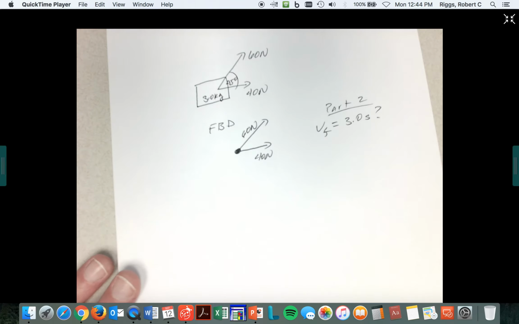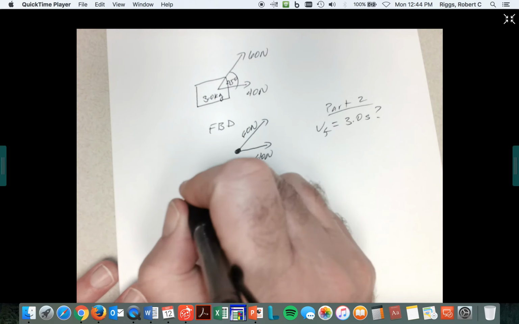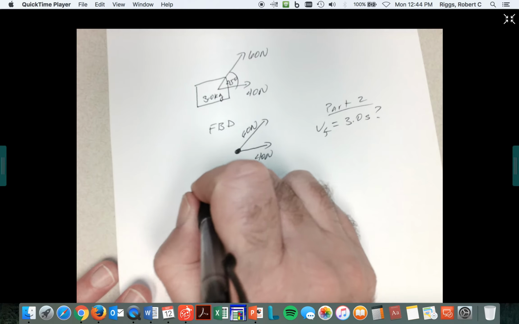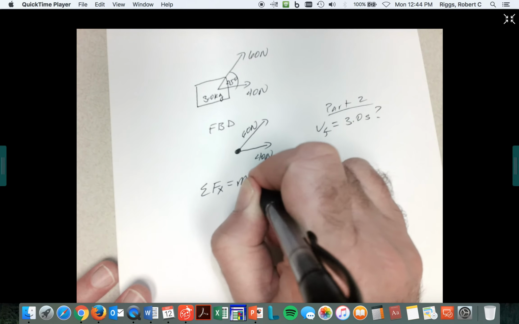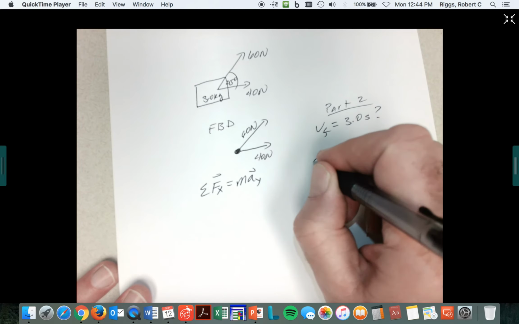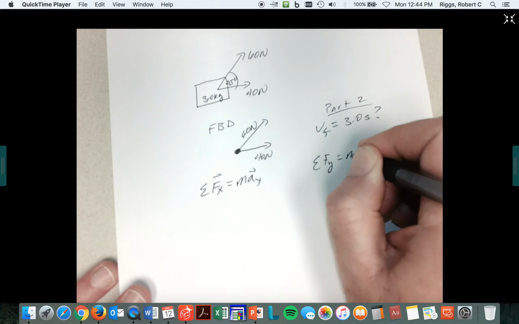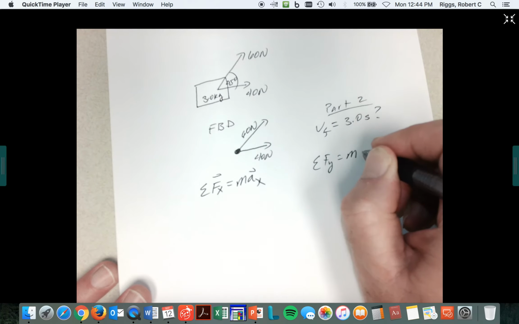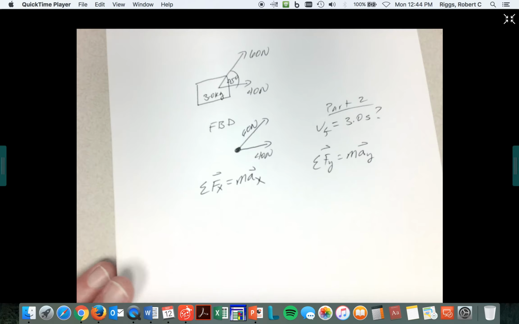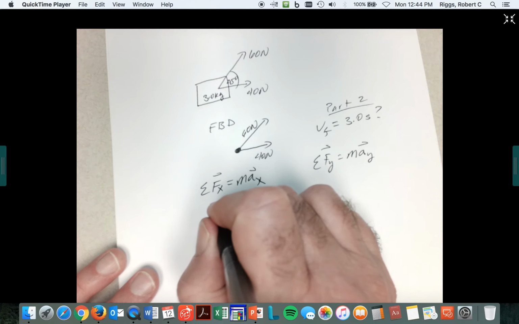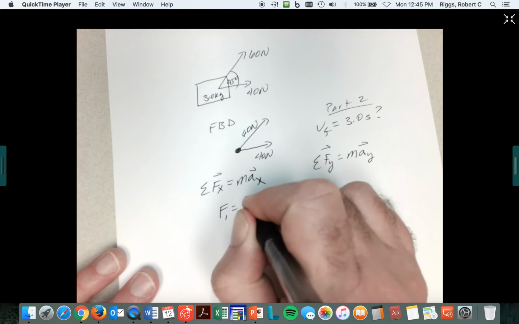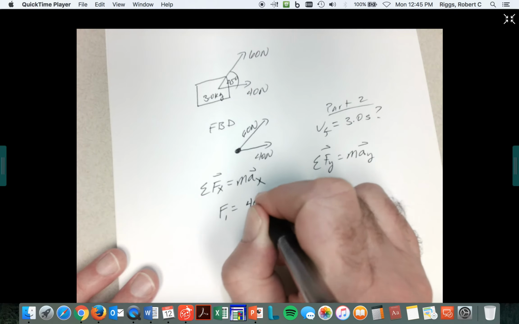All right, so here's what we do. We break it down to its components. The sum of the forces in the x direction is equal to the mass times the acceleration in the x direction. The sum of the forces in the y direction is equal to the mass times the acceleration in the y direction. Forces in the x direction: force 1 is equal to 40 newtons.